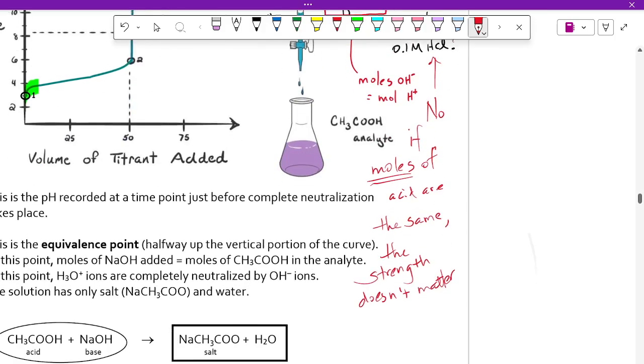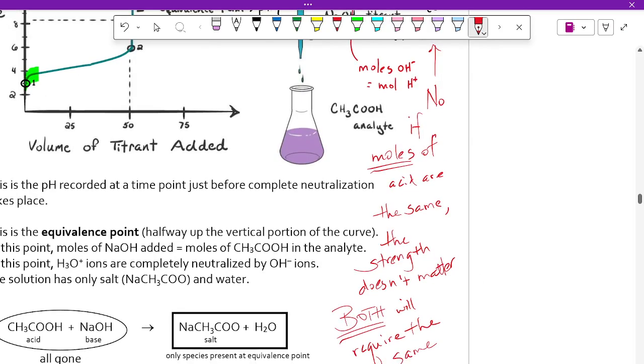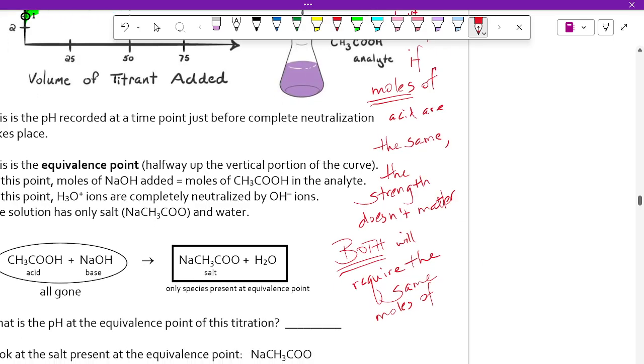Both will require the same moles of base. This is a question that students very often get wrong because they think it's going to take more base to neutralize the strong acid. And it doesn't, because the moles of hydrogen are the same in both.